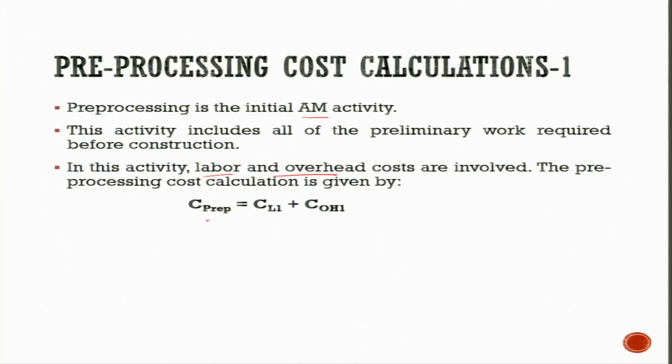Cost of pre-processing is obviously cost for the labor and cost for the overhead. So, this is labor, this is overhead. Here 1 indicates pre-processing, right. So, all these costs are in rupees.